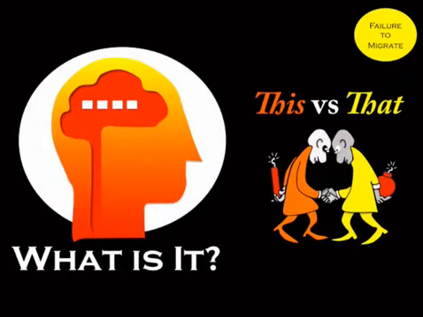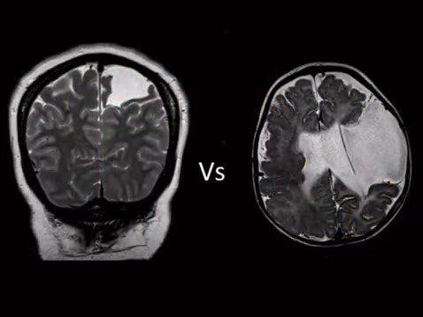All right, next case, another this versus that. So this is a classic this versus that. This is in my case book. And what we've got here is a porencephalic cyst versus a schizencephalic cleft. Now, how can I tell the difference? If you squint, you'll notice that there is gray matter lining this cleft, meaning that it's a true malformation.